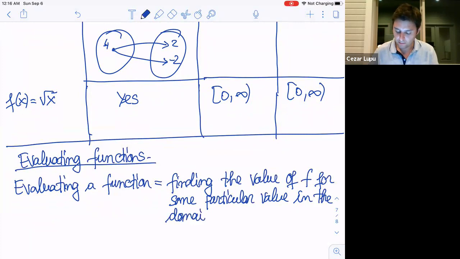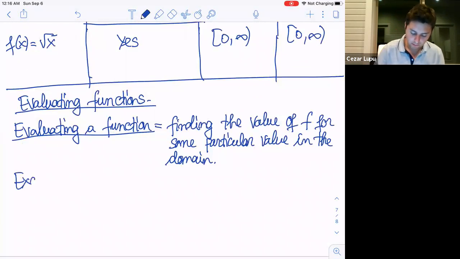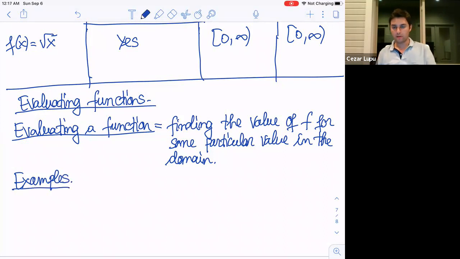So that's what we mean by evaluating a function. Let's see examples. I will have some quick examples for this.